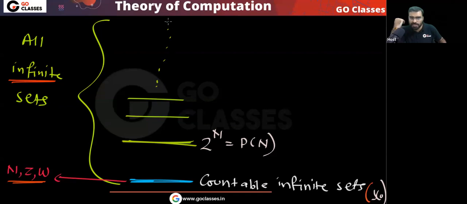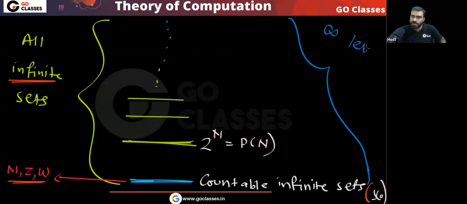Like this he created infinite levels of infinity. Is this clear? This was a very interesting result, that infinity also has infinite levels.